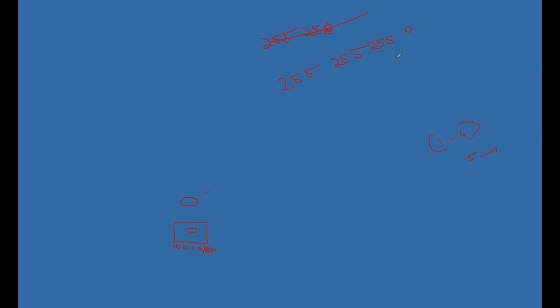That is one subnet mask. Sometimes there will be 255.255.0.0. There is another subnet mask you can create, something called 255.0.0.0.